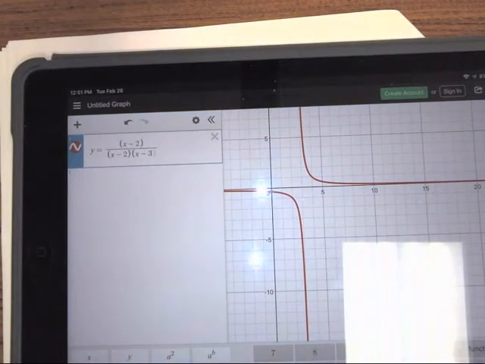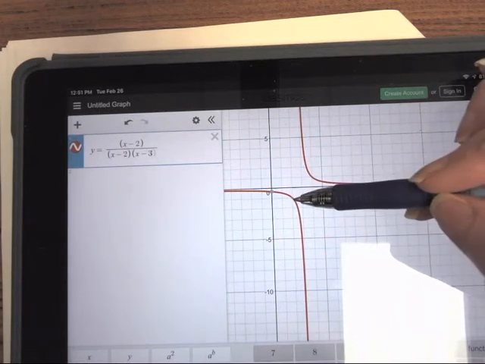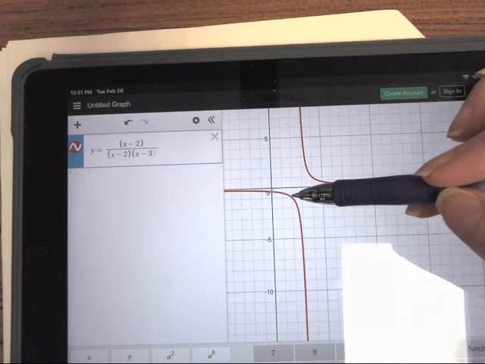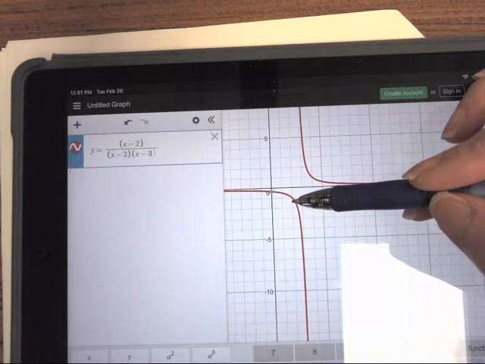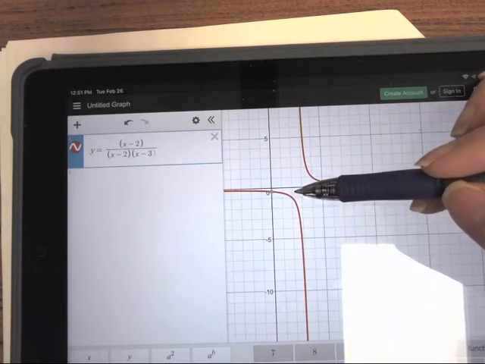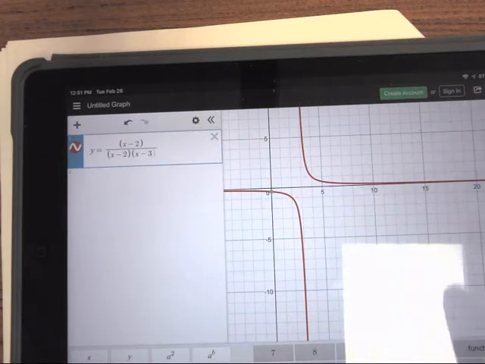Would you agree, here's our graph, but we have a removable discontinuity at x equals 2, right? So really at x equals 2, which is right here on your graph, you should have a hole. But the program isn't going to put it there for you. You can write to Desmos and ask them why they don't do that. But there should be a little hole right there.